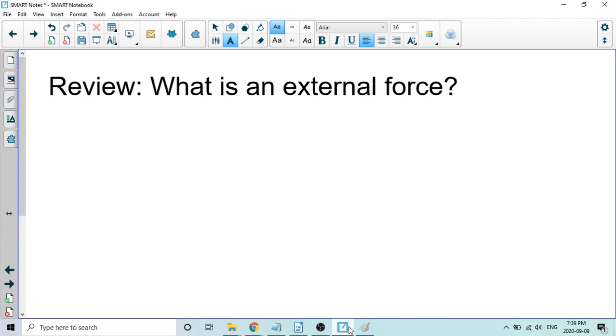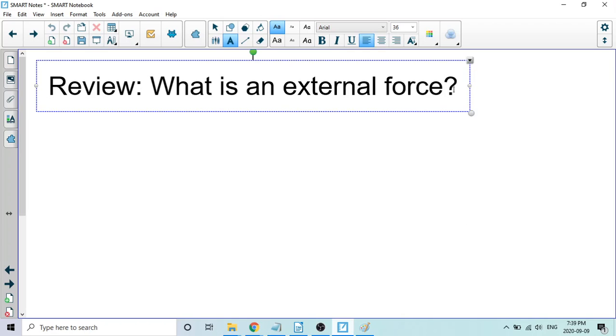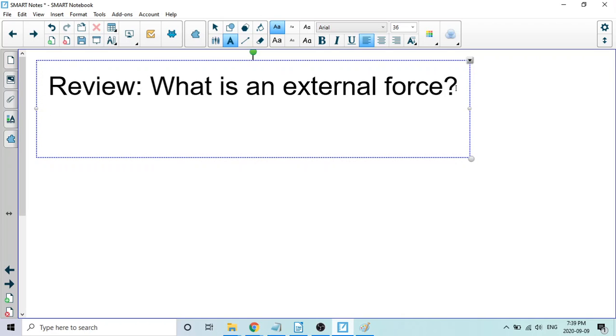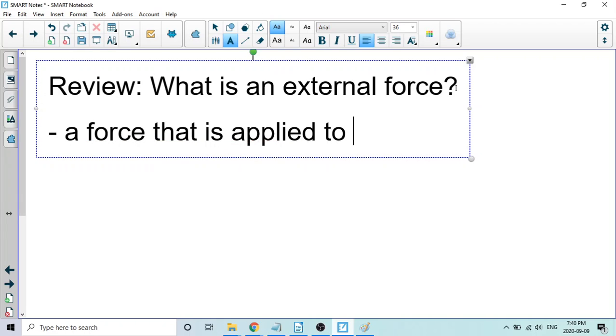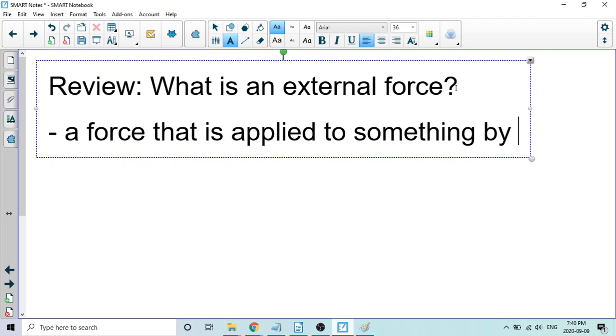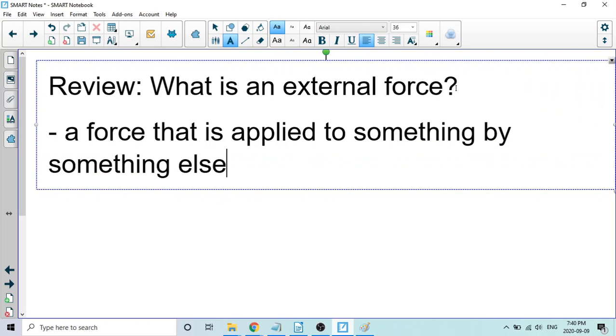All right, so review from last time. Tell me, what is an external force? Well, an external force is a force that is applied to something by something else.